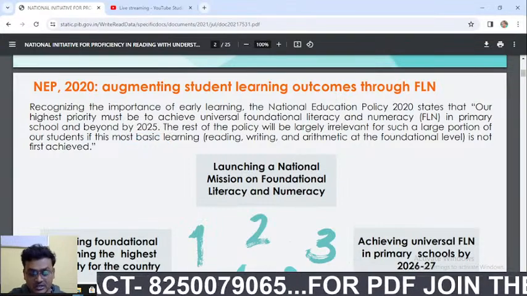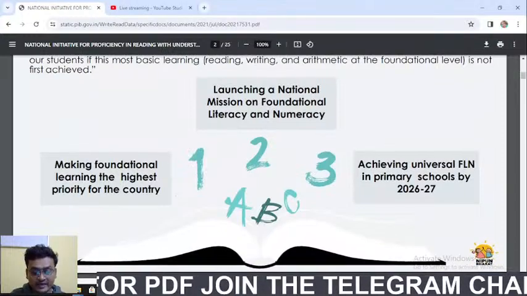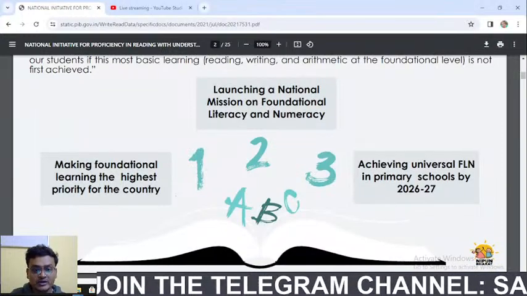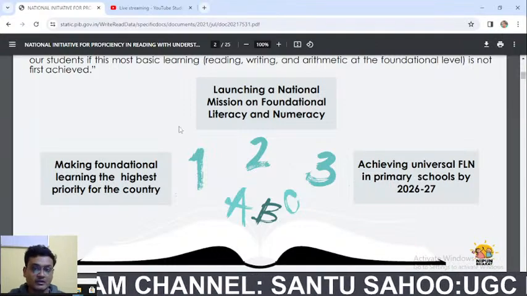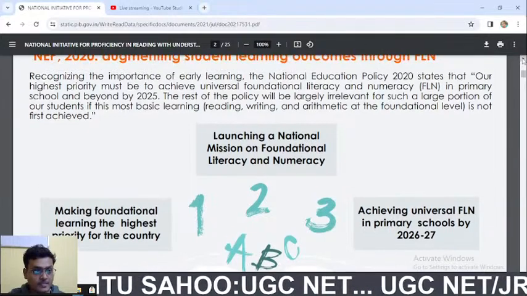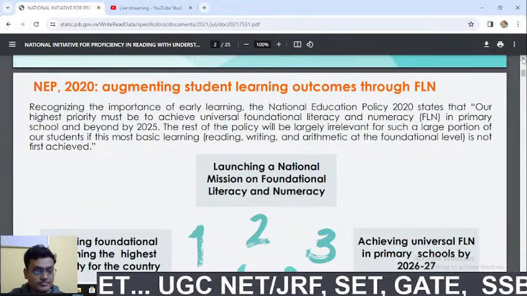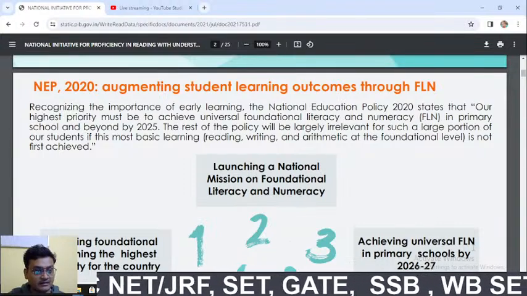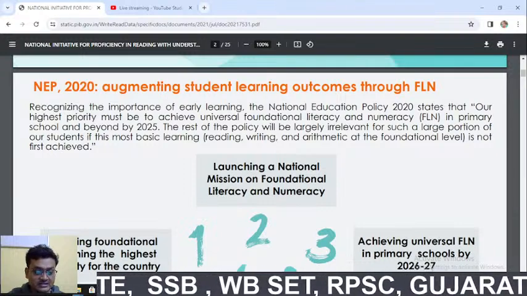And here it is also given, you see, achieving universal FLN in primary schools by 2026-27.